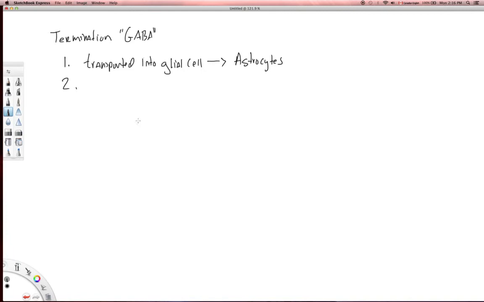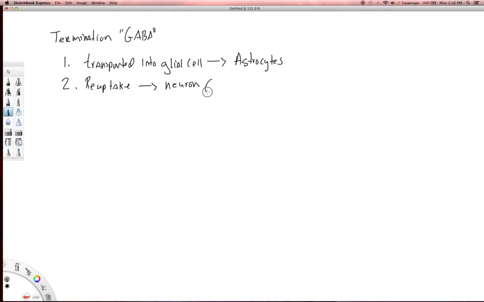GABA can also undergo reuptake back into the presynaptic neuron.